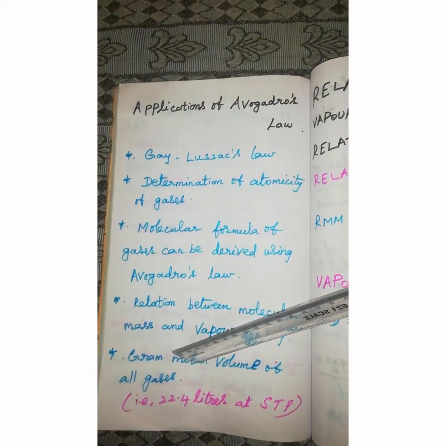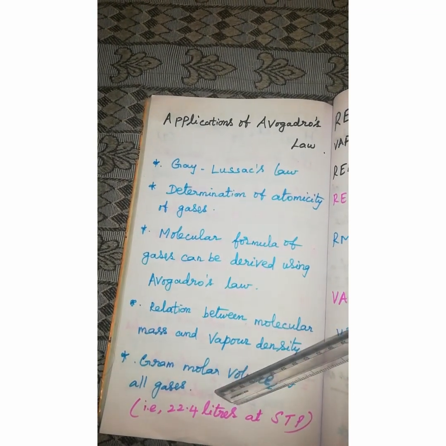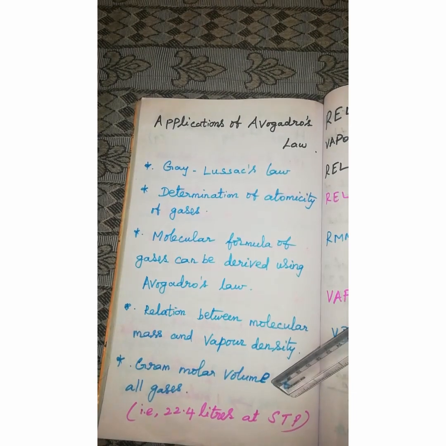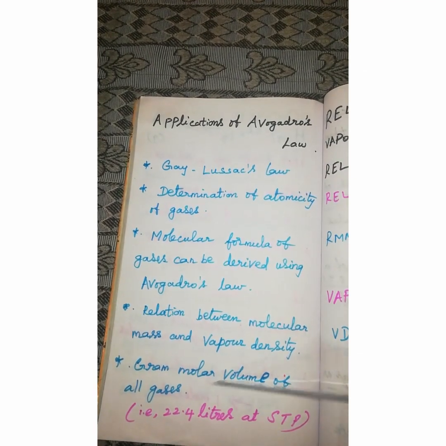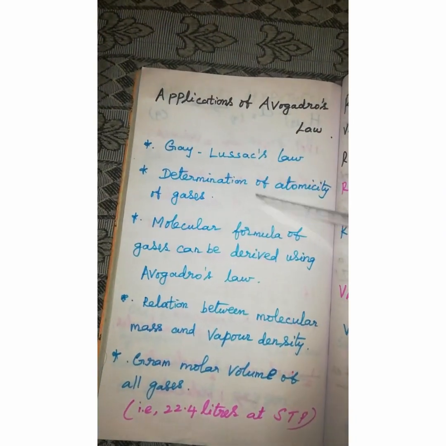What is gram molar volume of gases? 22.4 liters at similar conditions of temperature and pressure. These are applications of Avogadro's law. What are the applications of Avogadro's law? It explains Gay-Lussac's law. It helps in the determination of atomicity of gases.